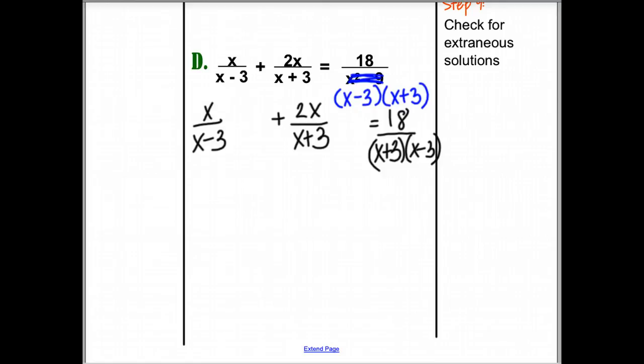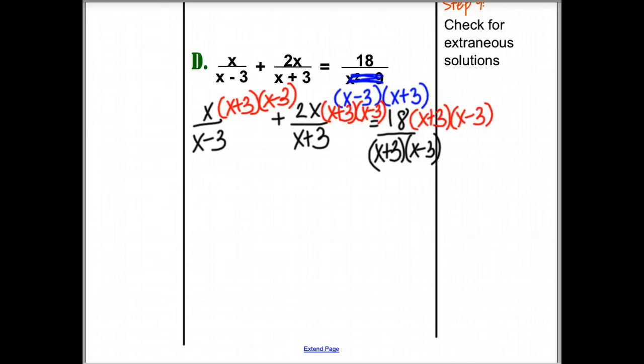So I'm going to multiply by my LCD, which is x plus 3, x minus 3, to every single term. And then I can start canceling.